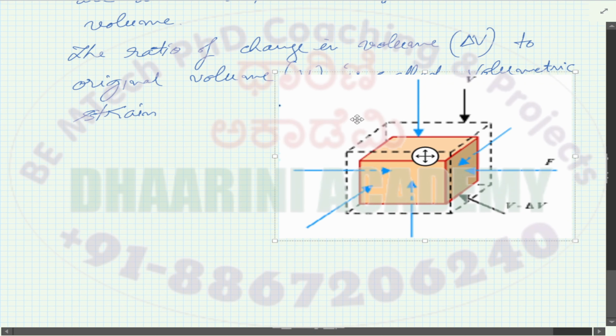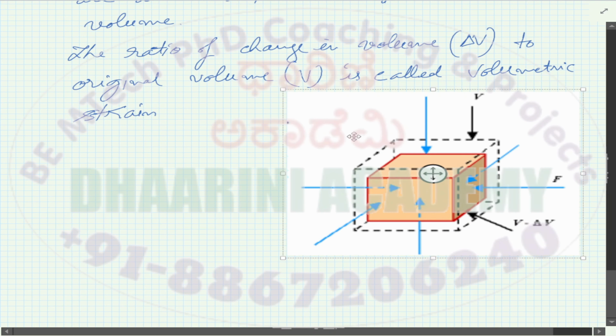Consider this particular diagram in which you can see the original shape is dotted boundaries.